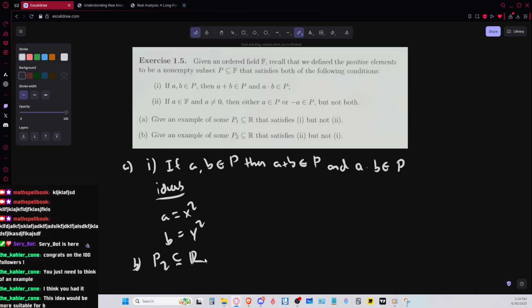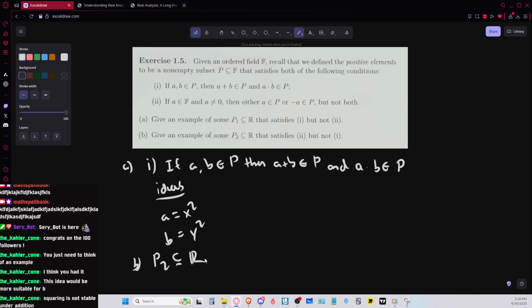This idea would be more suitable for B. Why would it be suitable only for B and not A in this case? Oh, you mean the problem A and B, right? Is that what you meant? Squaring is not stable under addition, yeah. What do you mean by that exactly, Sascha?